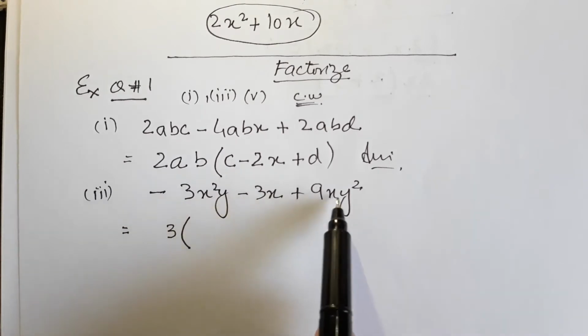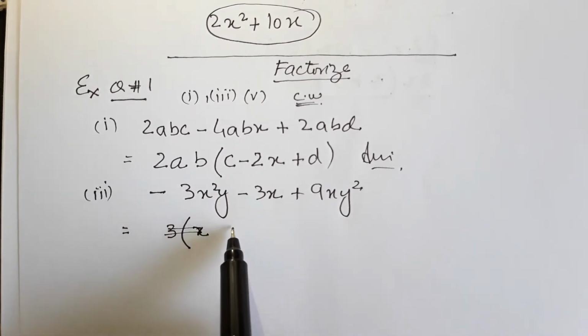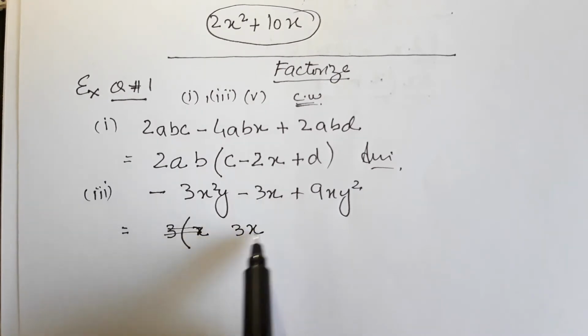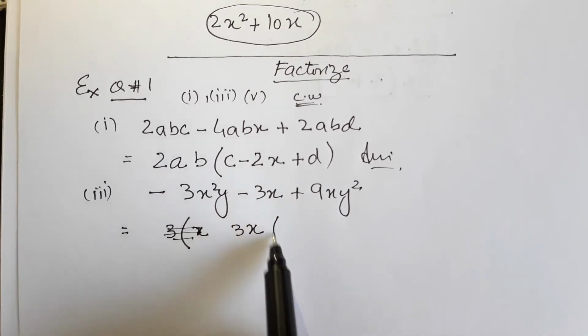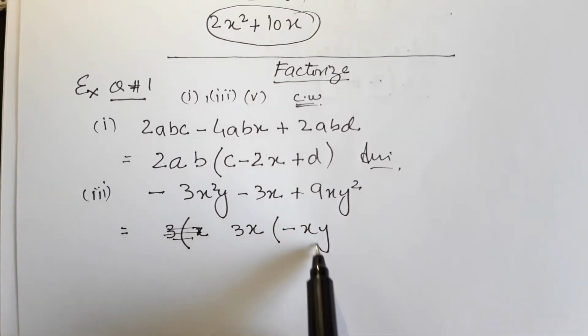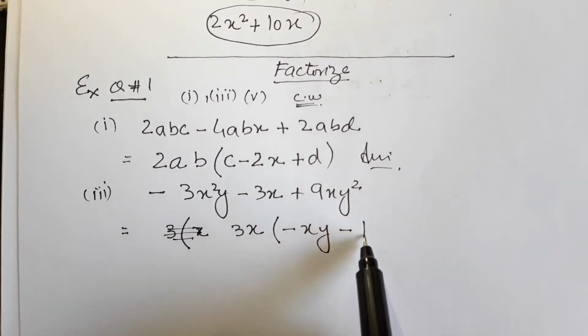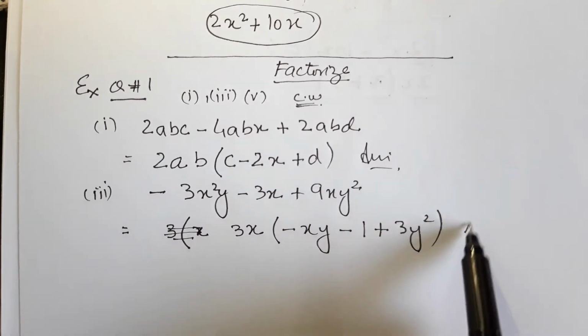X is also common. Oh no, 3x is common. So the remaining values will be minus xy minus 1 plus 3y square. Answer.